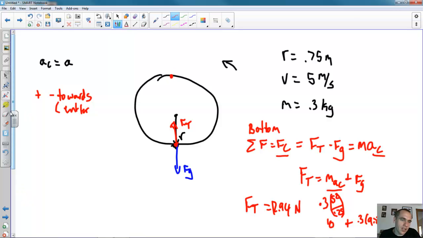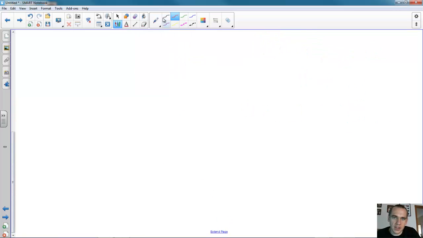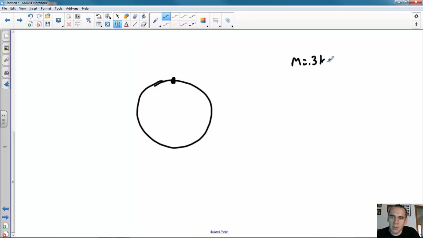I'm actually going to start with a new picture so that we can see the forces labeled the other way. Here's the object right here at the top, and remember the mass is still 0.3 kilograms, the velocity is still 5 meters per second, and the radius is still 0.75 meters. Now, when we're here, the string is pulling towards the center still, so I have this force, the tension in the string, and then I also have the force due to gravity.